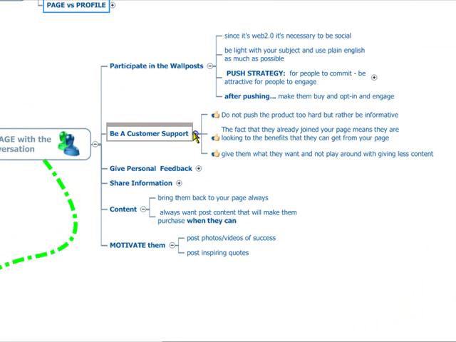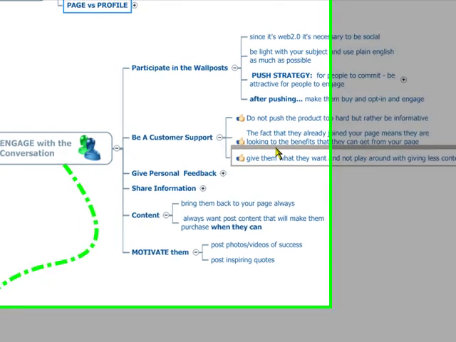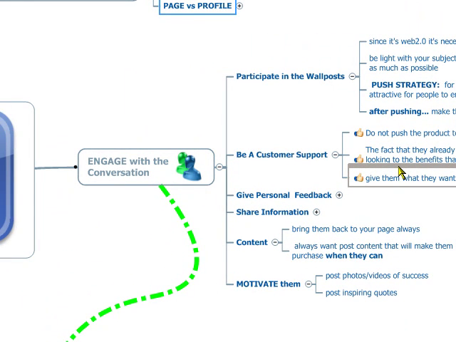Now, also be a customer support. In pushing your product, do not push it the way people come to your doorstep and say, you gotta buy this, these are your benefits and stuff.